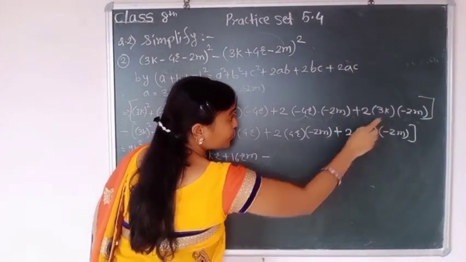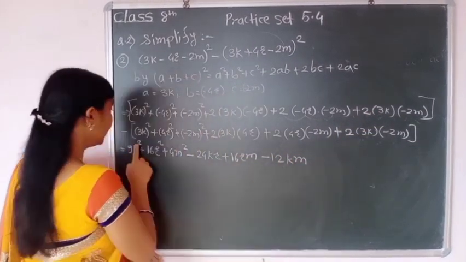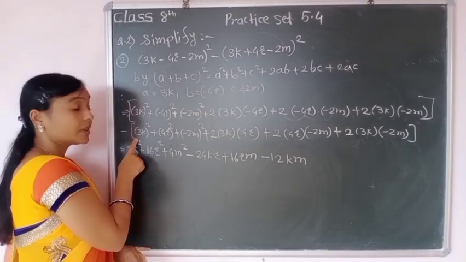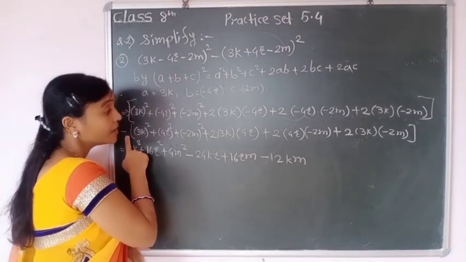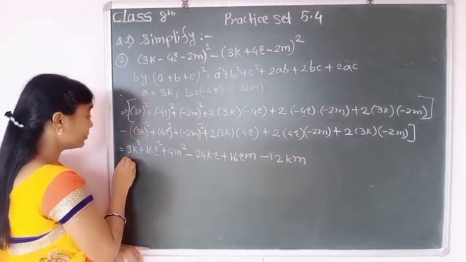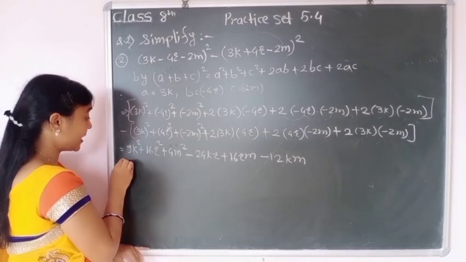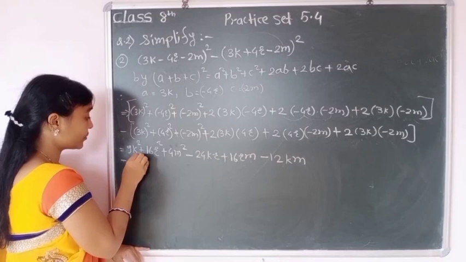then plus minus, 3 twos are 6, 6 twos are 12 km. And then minus: if the minus is before any bracket, then you change all the signs after the bracket. So we change this sign. Minus 3 square is 9k square.